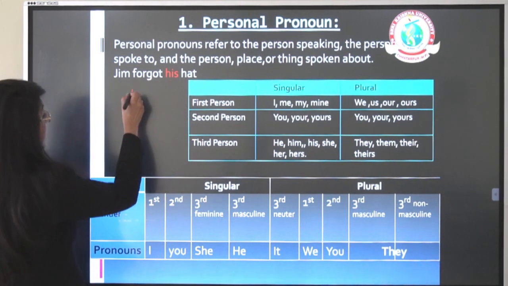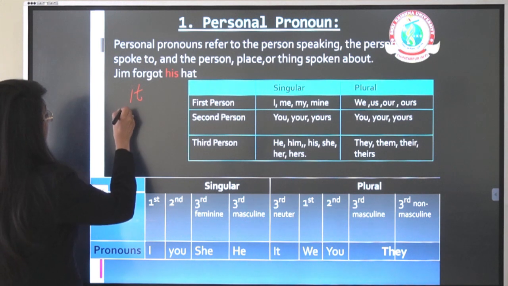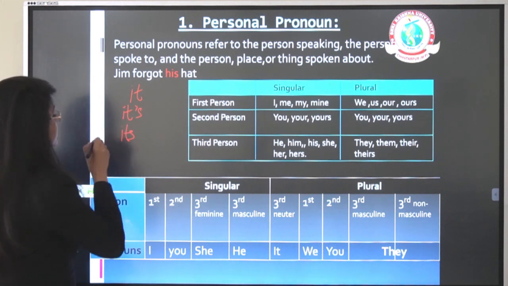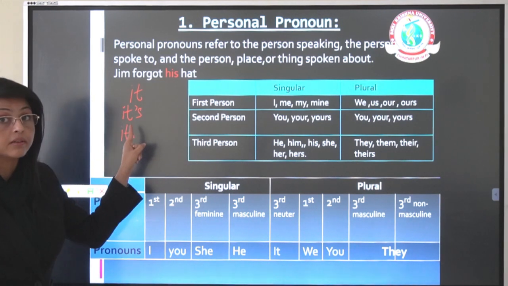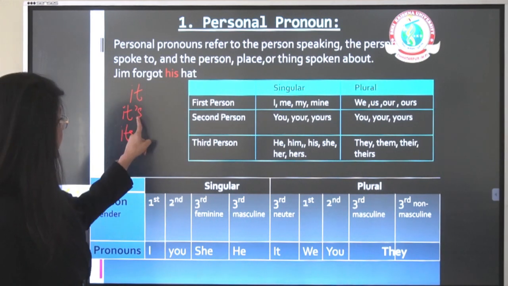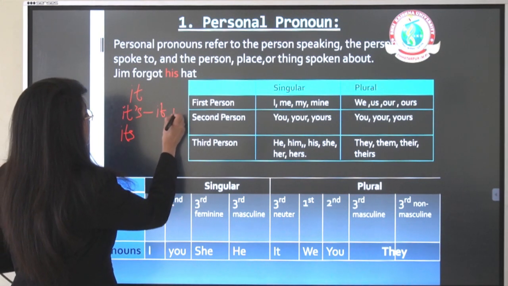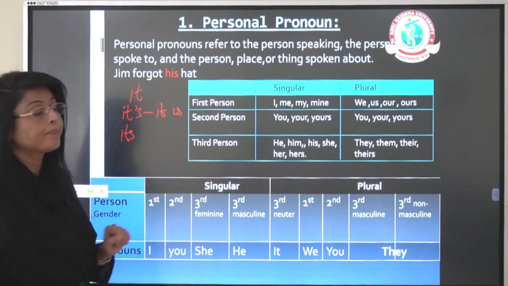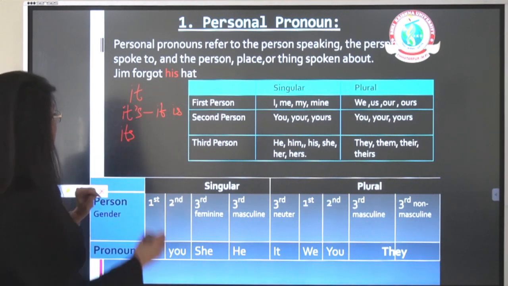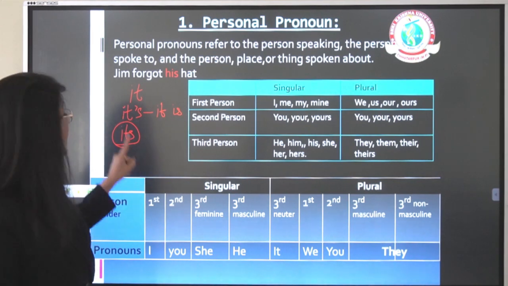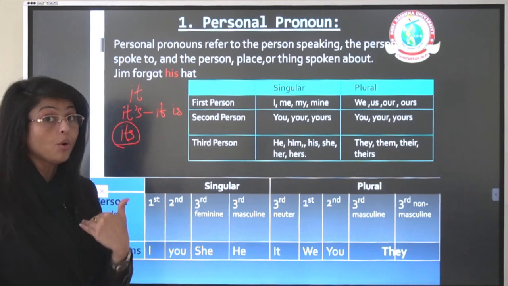The difference in it's and its. Remember, it's with an apostrophe is the contraction of it is. Clear? It is. And its, where there is no apostrophe, shows the possession or ownership.